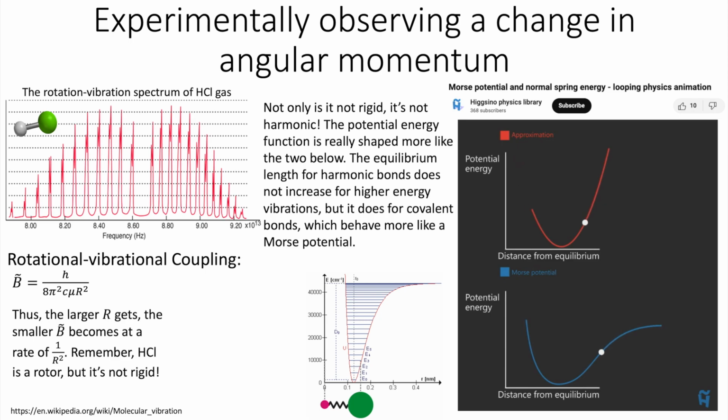Remember, that was the one where if we took the expectation value of x, it was exactly the equilibrium distance, no matter how high the vibrational state was. We always expected our expectation value of x to be in the same place at the equilibrium length. But this is actually not true for covalent bonds, because covalent bonds do not behave like harmonic bonds.